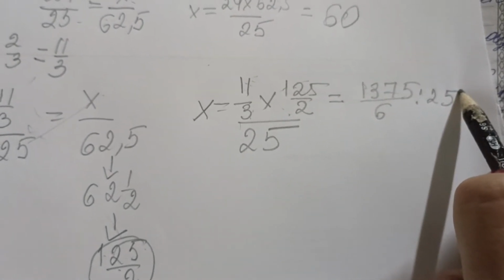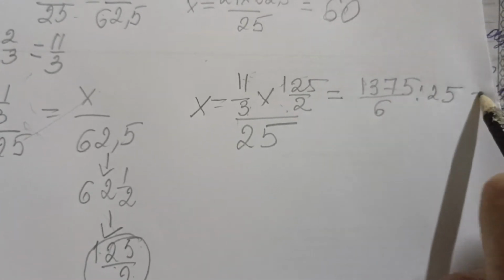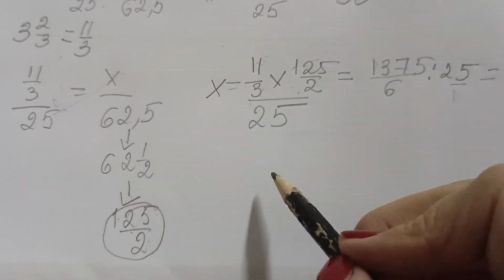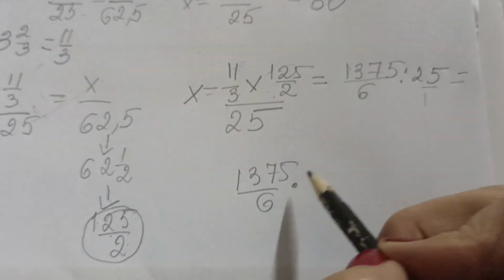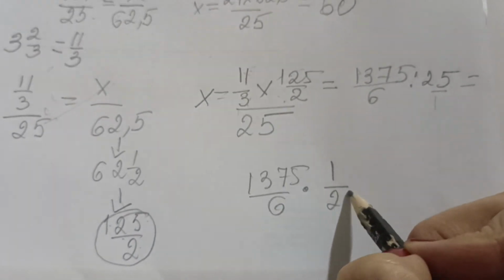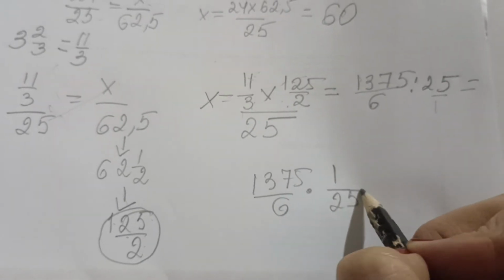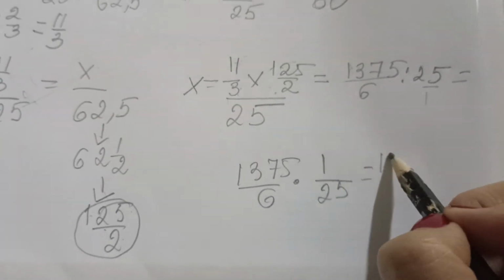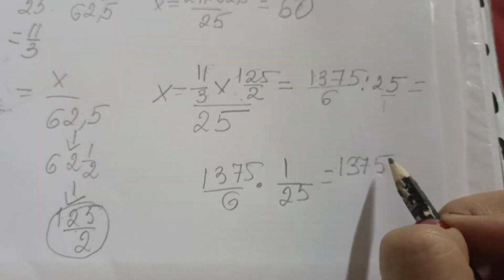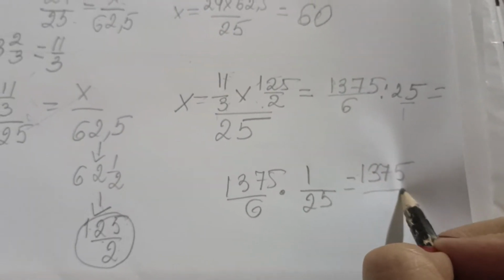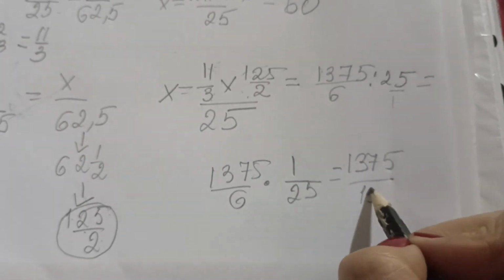Okay? That means that you multiply that number into 1 over 25, okay? And it is going to be 1375 divided by 150.